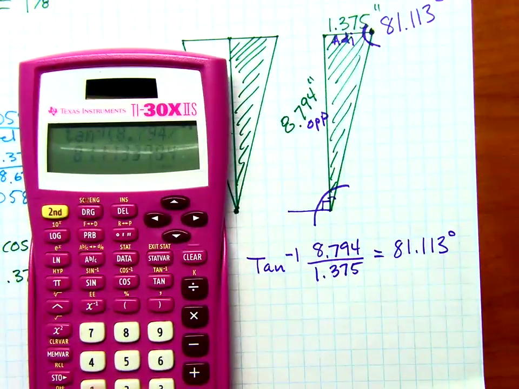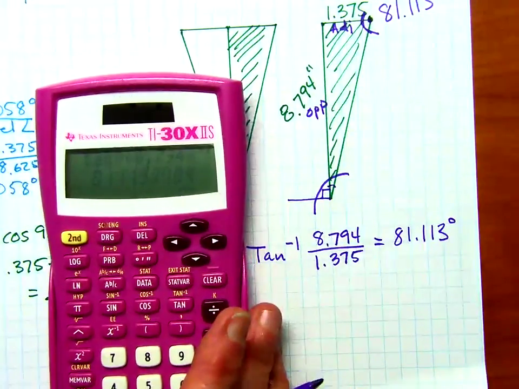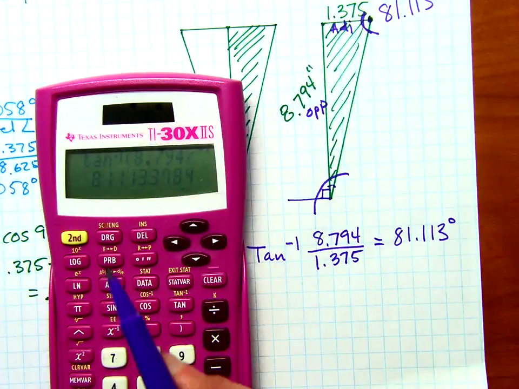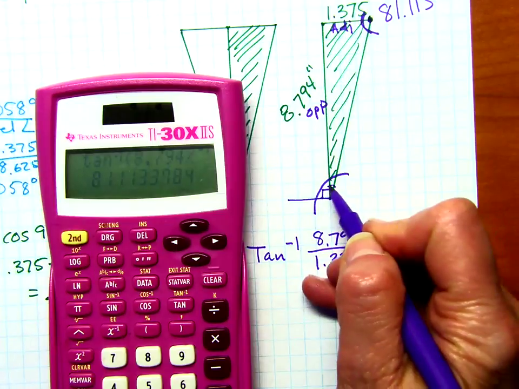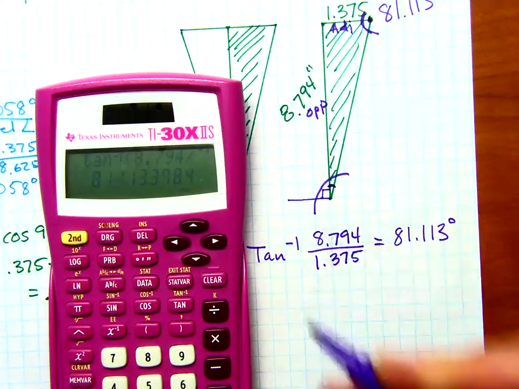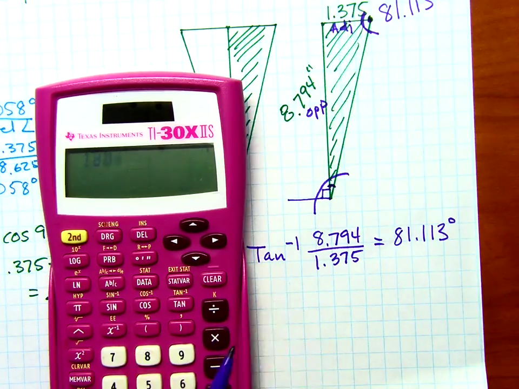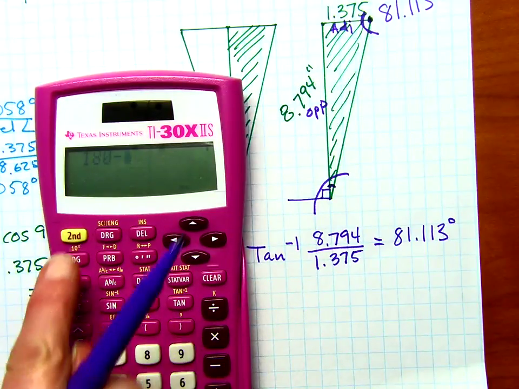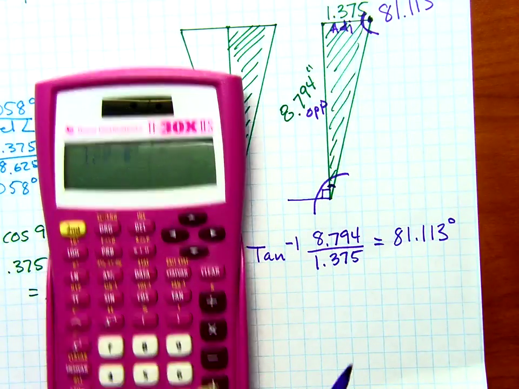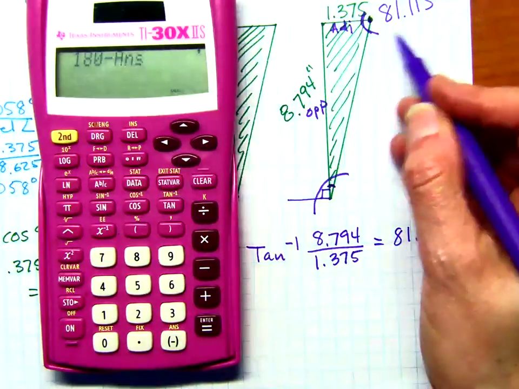Now the trick is, don't erase this number in your calculator. Now if we subtracted this from 90, we would just get this little sliver, but then we would have to add 90. And you can certainly do it that way. But a shortcut is to just punch in 180 minus, and then hit second answer, and that brings up that number.